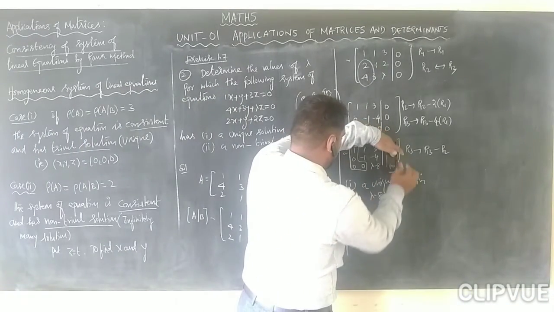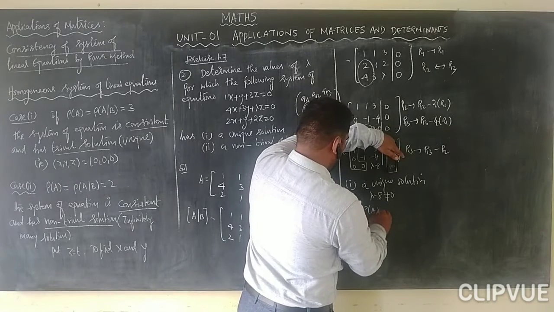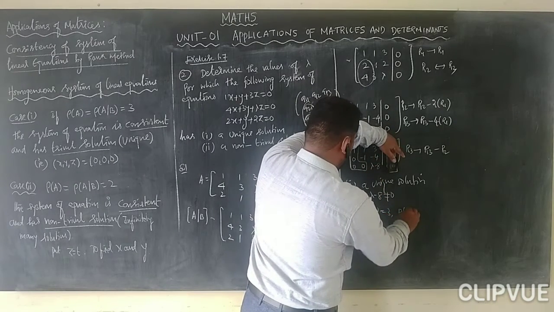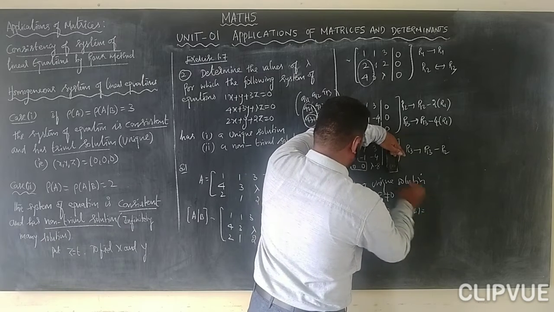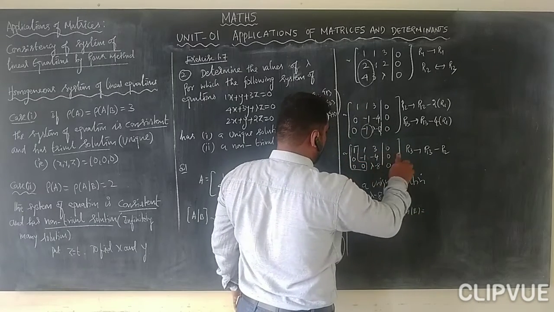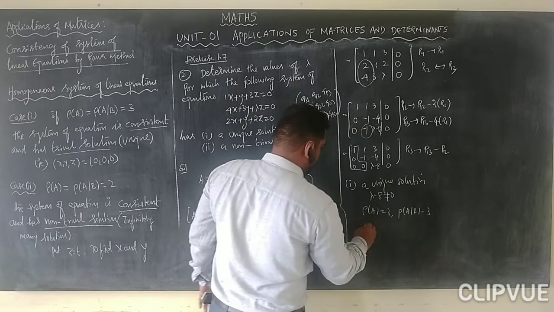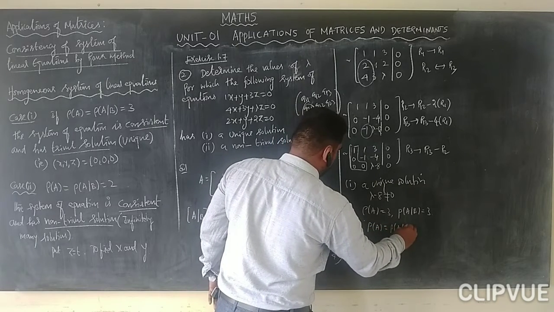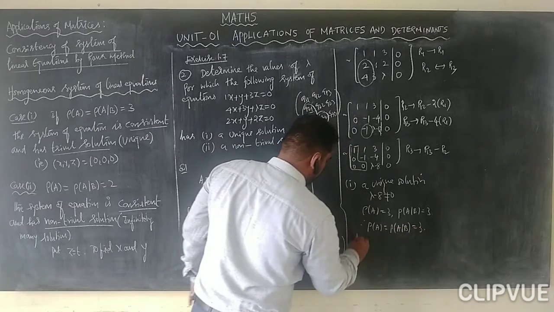Therefore, P of A: rank 1, rank 2, rank 3. Next, P of A difference B: rank 1, rank 2, rank 3. Therefore, P of A equal to P of A difference B equal to 3.